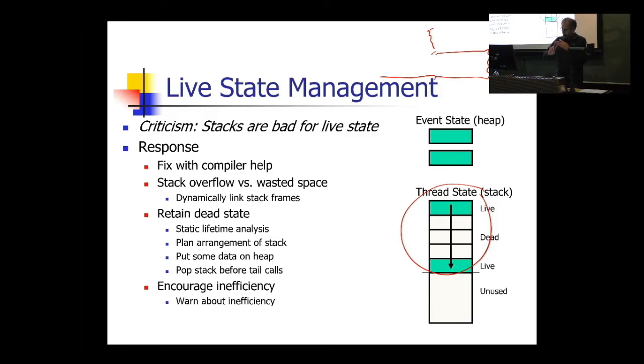If we have a look at the state management in an event-based system, when an event has to end, but we need to store some state to effectively continue this activity in the future, then that state has to be stored out onto the heap.